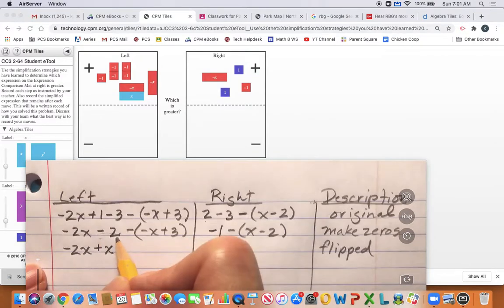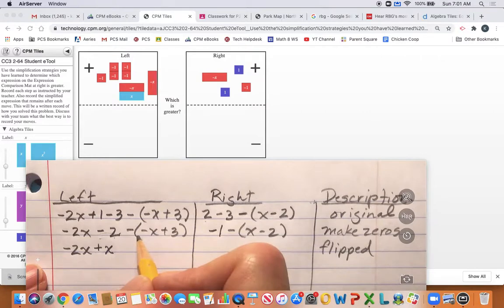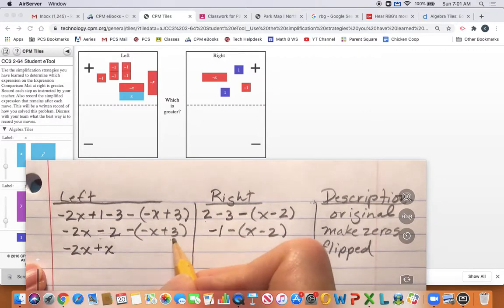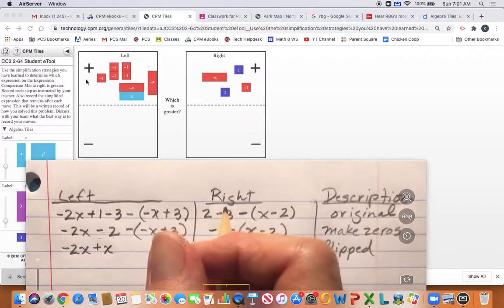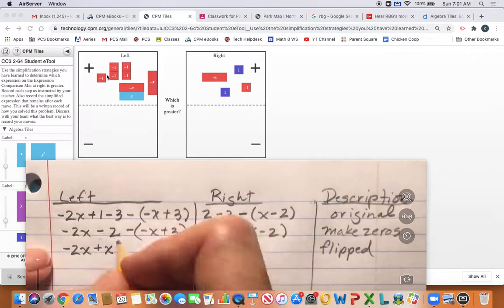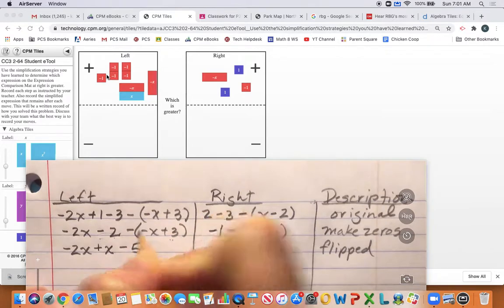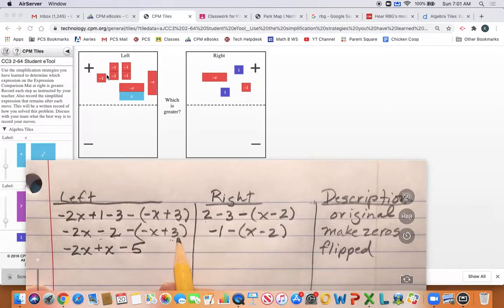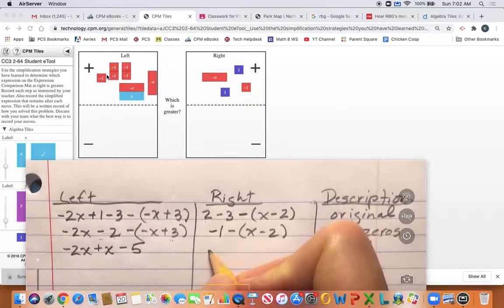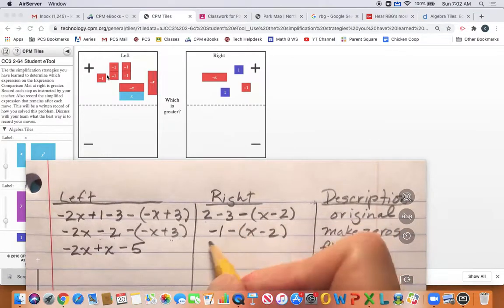And then we have that -2 tile, and we flipped the +3 tiles that were inside the parentheses. So now if we look at our tile mat, we see that we've got 5 -1 tiles. So we'll just put -5. So this is what happened after we flipped. We actually combined like terms also at the same time, because we're just counting what we have left.